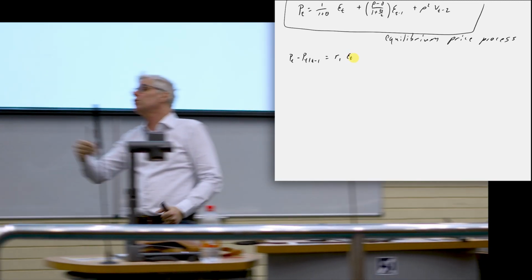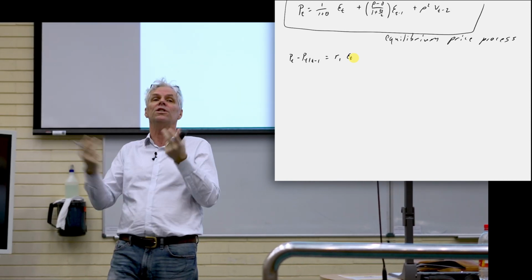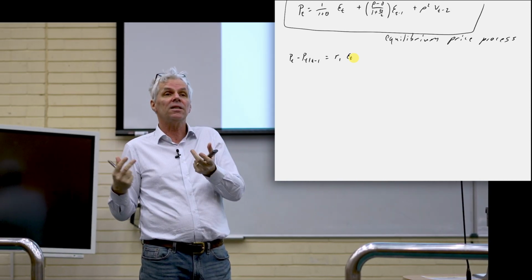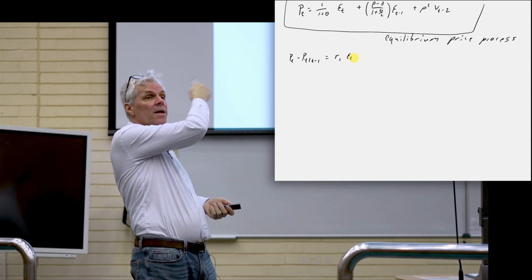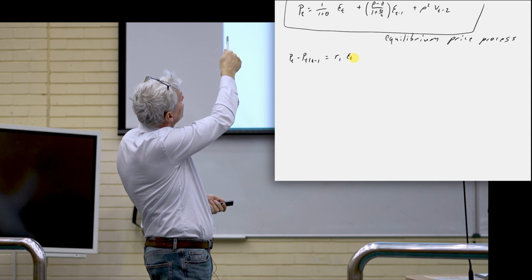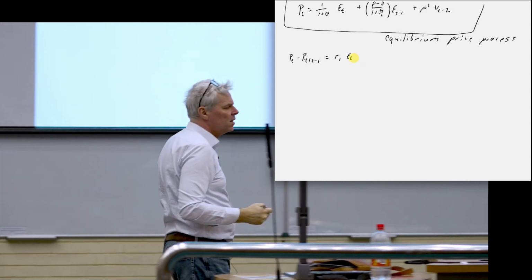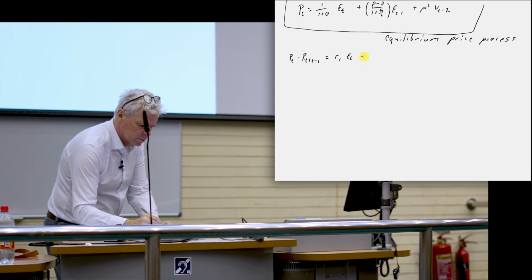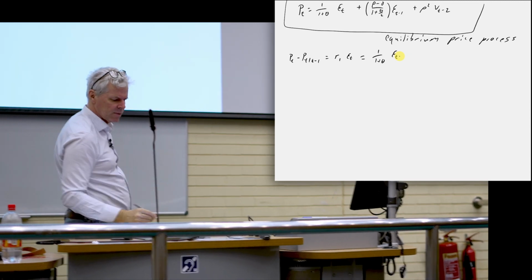Because the only reason you're going to make mistakes, if you're trying to predict prices 1 period ago, is because of stuff you don't know. On the left-hand side, we have the mistake that you're making in guessing the price. This is how the price works. So the only reason you're going to get it wrong is because you don't know what Et is. So this is equal to 1 over 1 plus theta Et.